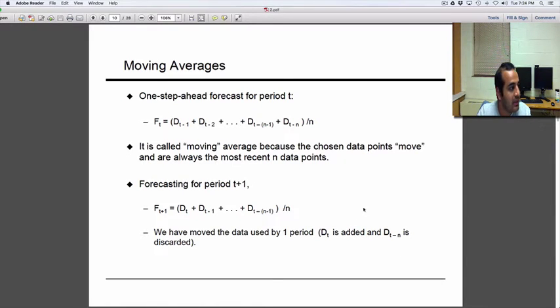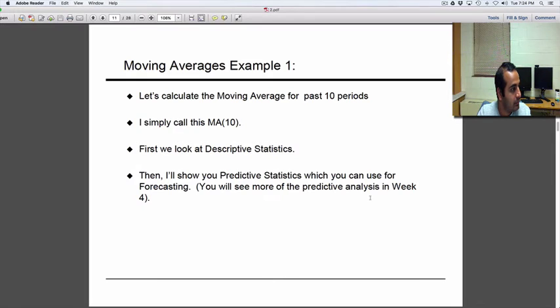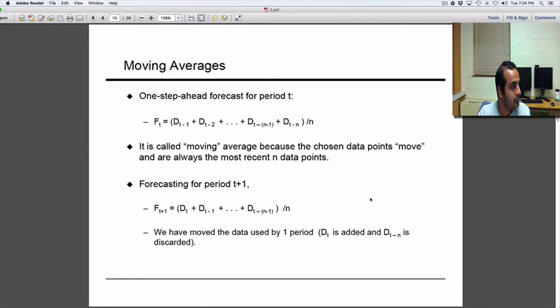It is called a moving average method because the chosen data points move and are always the most recent n data points.